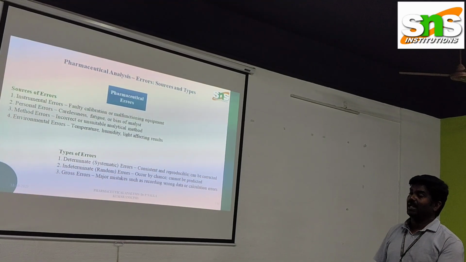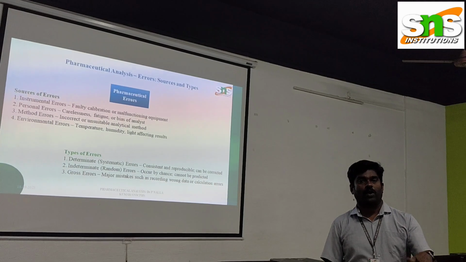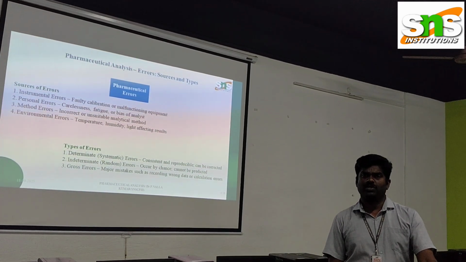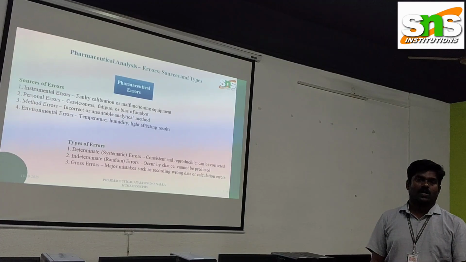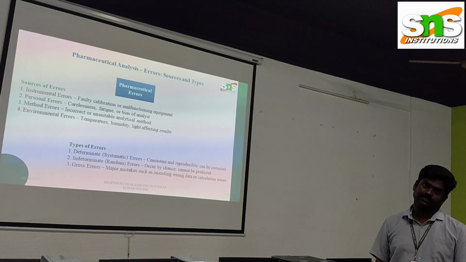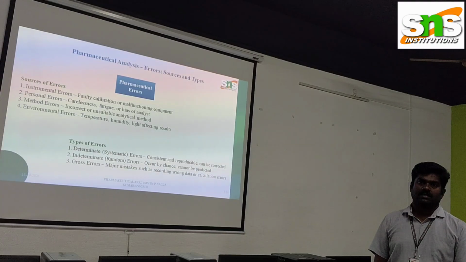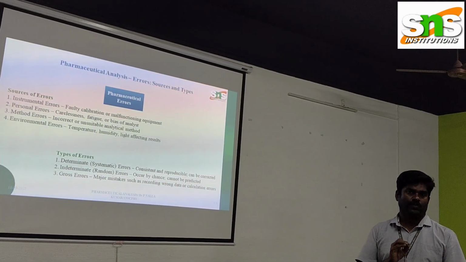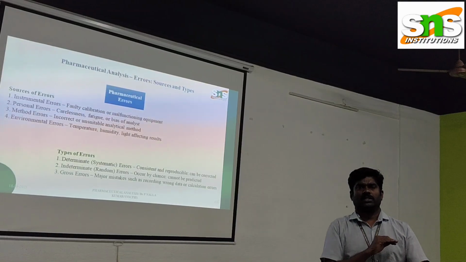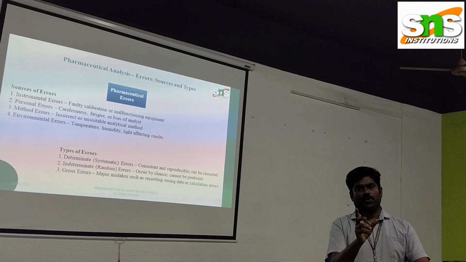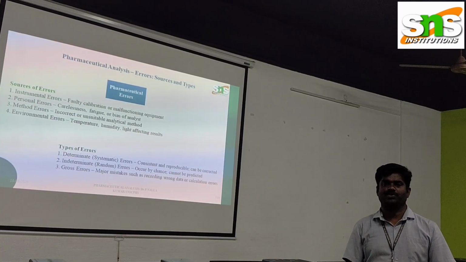If you select an incorrect or unsuitable analytical method, we won't get a proper result. If you select the wrong procedure, wrong monograph or wrong guidelines, we won't get a proper result, so we cannot conclude the quality of the product with such a wrong procedure.